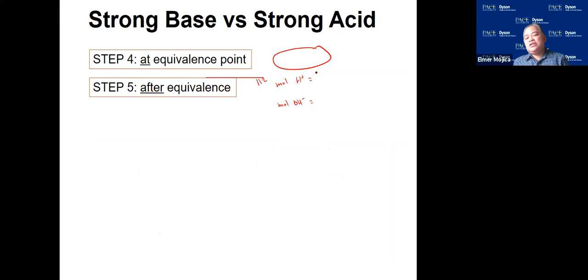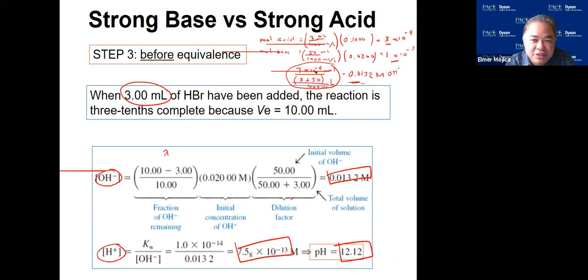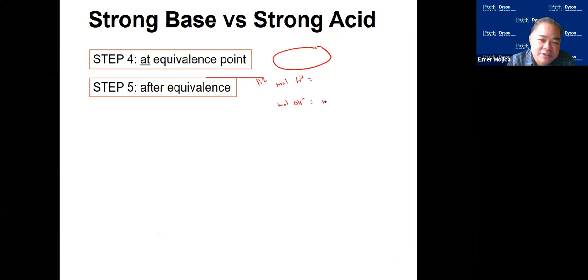So how do we look at it in terms of the moles of the acids and the moles of the base? So we know the moles of the hydroxides to be 1 times 10 to the negative 3. So all we need to do is determine the moles of the H plus.